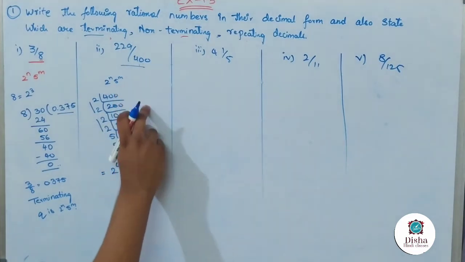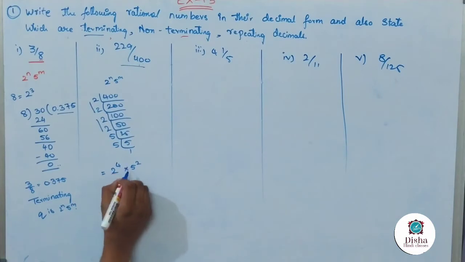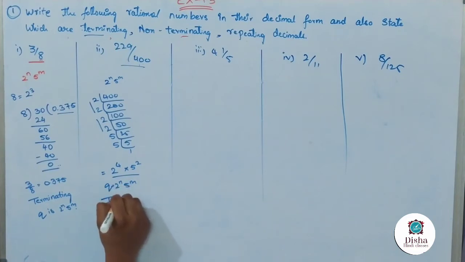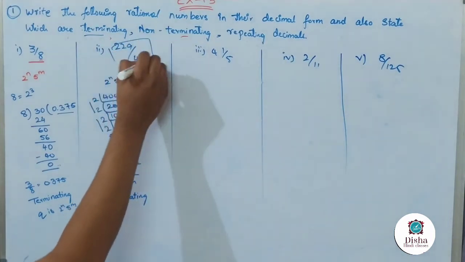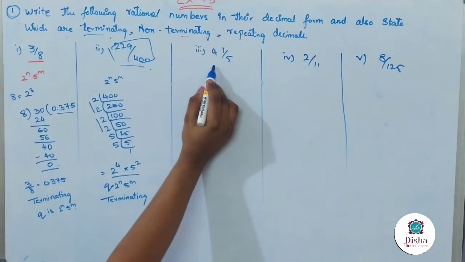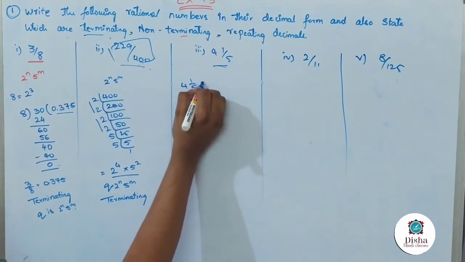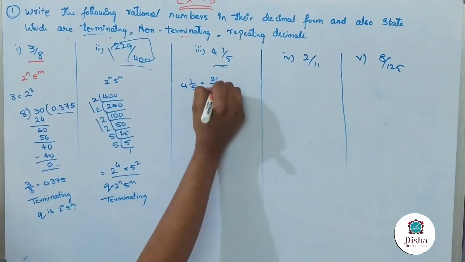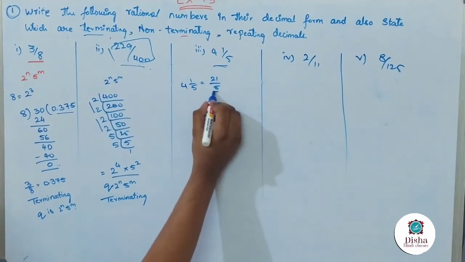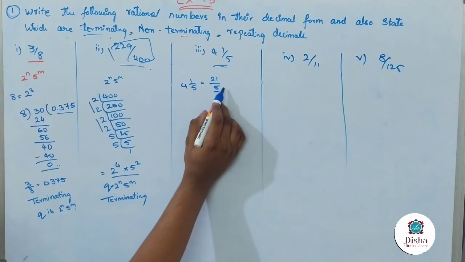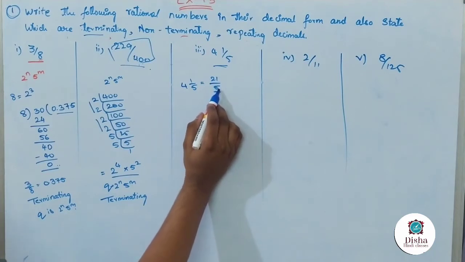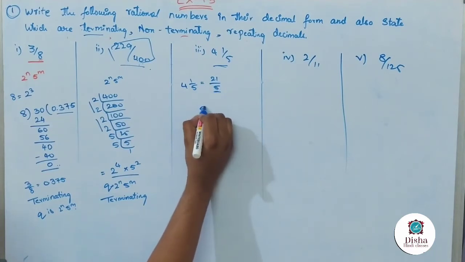So it is also a terminating number, right? Because q is in the form of 2 power n into 5 power m. Therefore it is a terminating number. If you want to prove it, you can divide these numbers. Now we have an improper fraction, 4 1/5, which can be written as 21 by 5. Here we can see it is a rational number in the form of p by q, and q, which is 5, can be written as 5 power m.